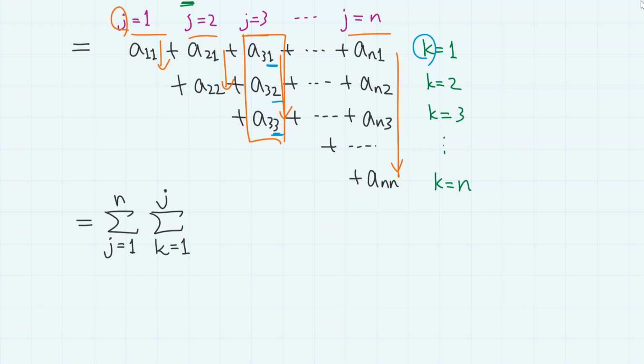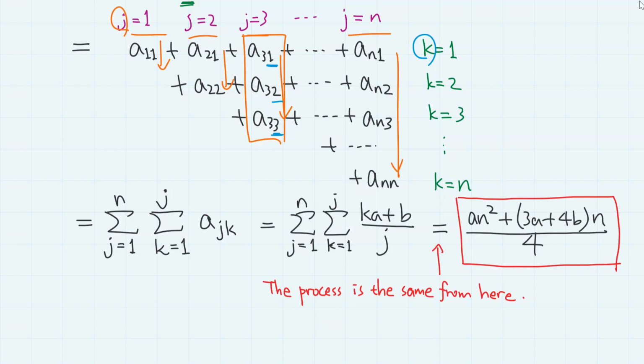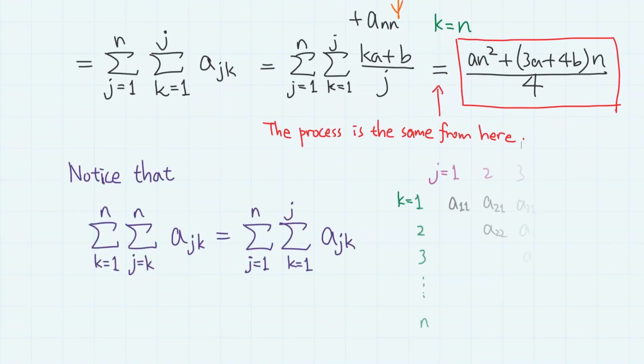So we have this a jk, which is sigma j from 1 to n, k from 1 to j, of (ka plus b) over j, which can now be calculated just like we did previously, which leads to the same answer. And during the process, we have obtained this property of changing the order of the summation.